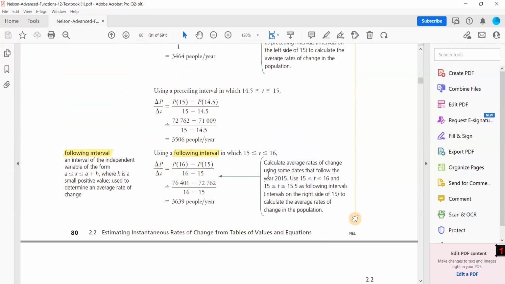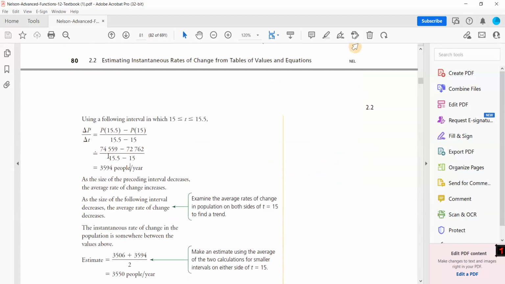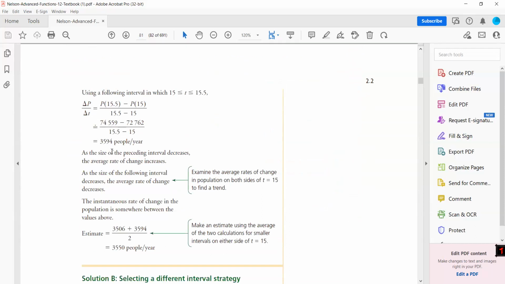Calculate average rates of change using some dates that follow the year 2015. Use 15 less than or equal to t and t less than or equal to 16 as following intervals, etc. After evaluating it, as the size of the preceding interval decreases, the average rate of change increases. As the size of the following interval decreases, the average rate of change decreases.